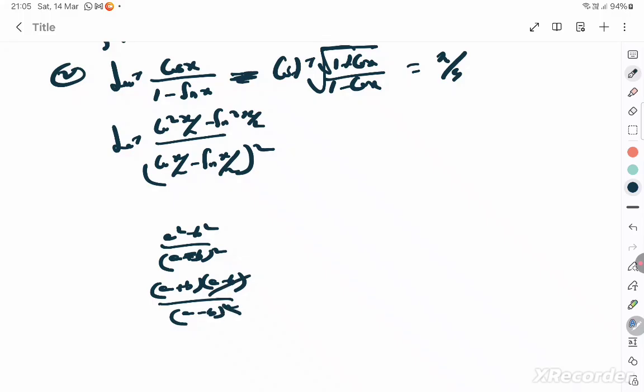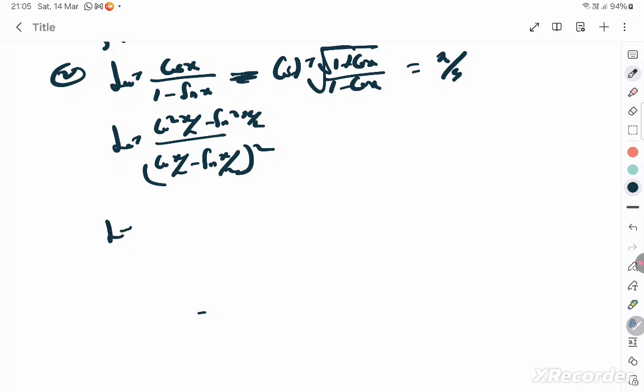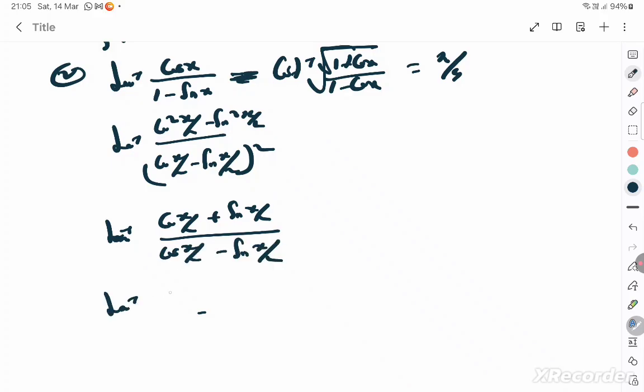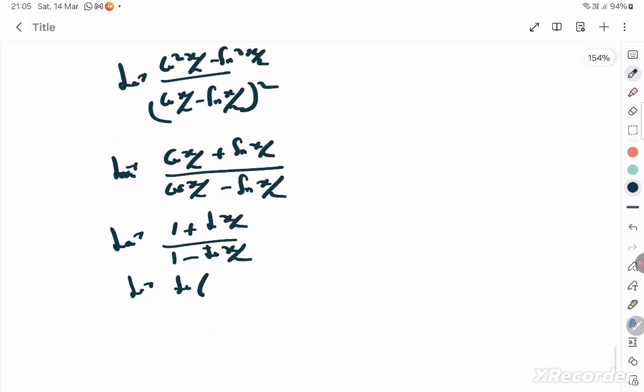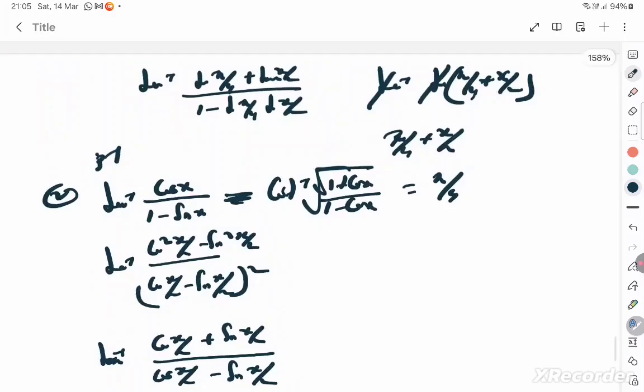So this is going to become tan inverse of cos x by 2 plus sin x by 2 by cos x by 2 minus sin x by 2. Dividing throughout by cos x by 2, 1 plus tan x by 2 by 1 minus tan x by 2, which is tan inverse of tan pi by 4 plus x by 2, where tan inverse and tan get cancelled.